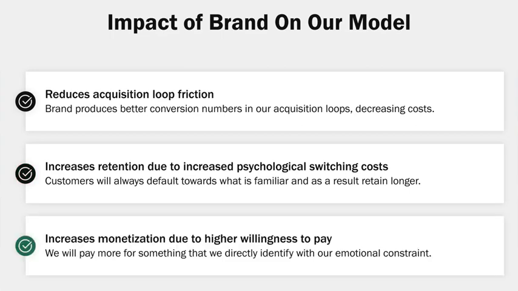Brand also helps us increase monetization due to a higher willingness to pay. We end up paying more for something that we directly identify around that primary emotional constraint that we personally care for. We can see this in products like Apple computers or watches and the iPhone, where we pay a premium based on that brand recognition.